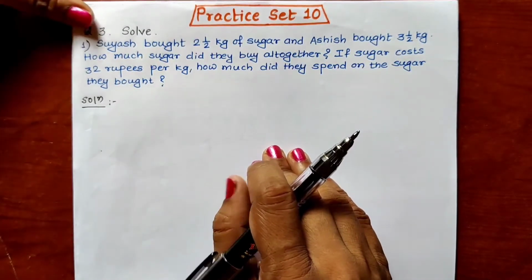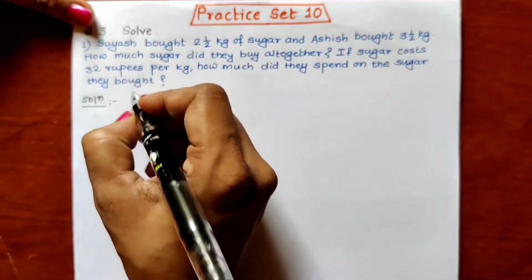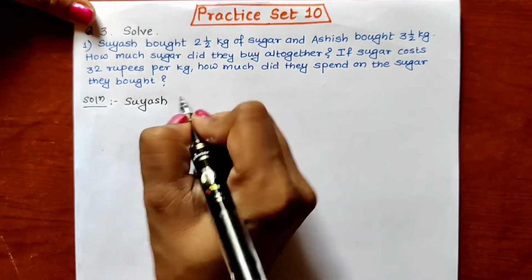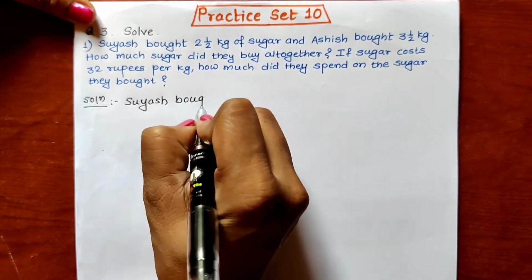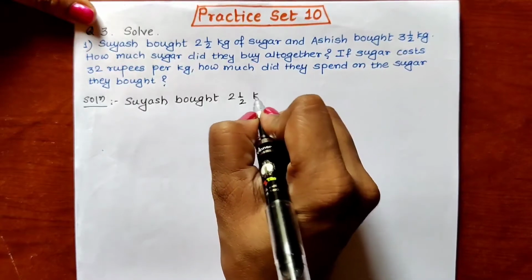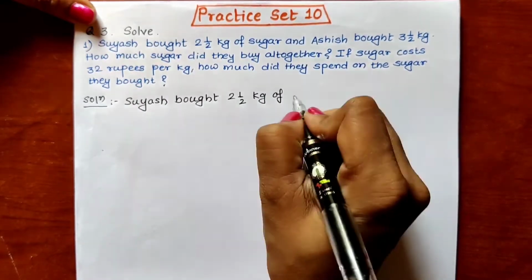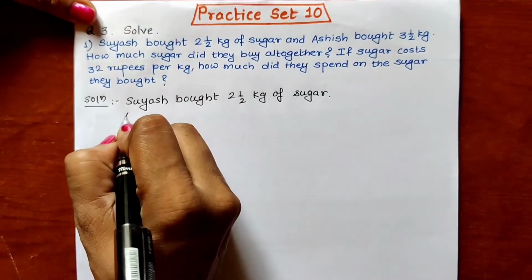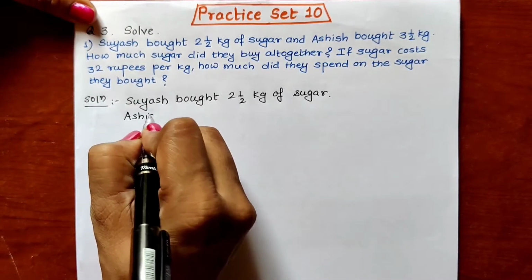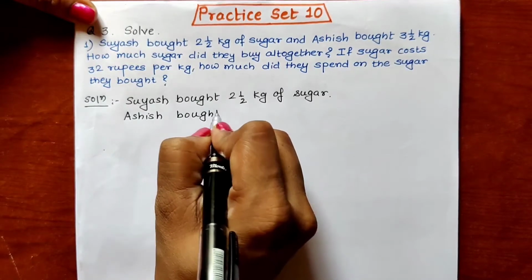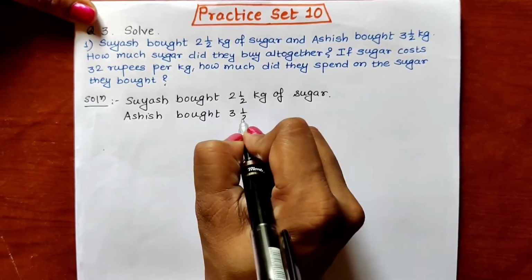So let us see. First we will be writing Suyash bought 2.5 kg of sugar. Then Ashish bought 3.5 kg of sugar.